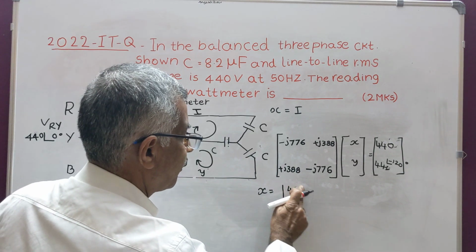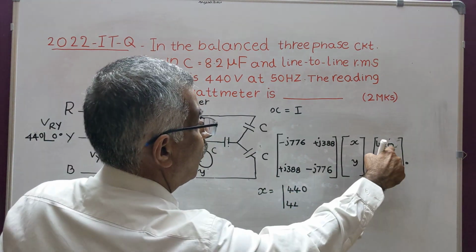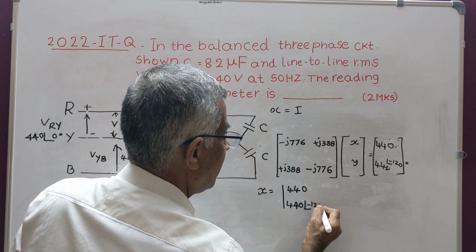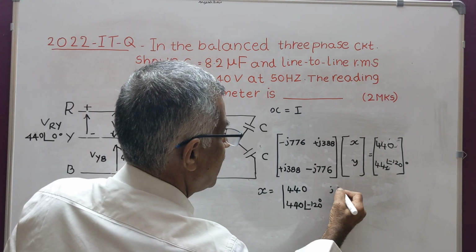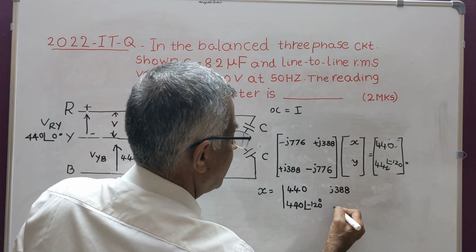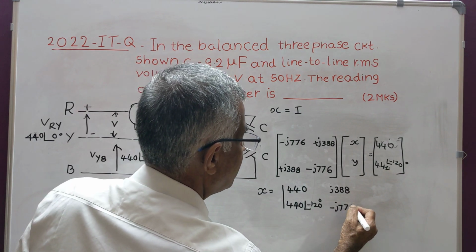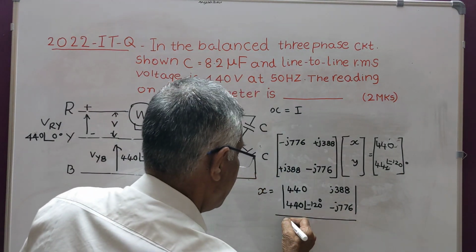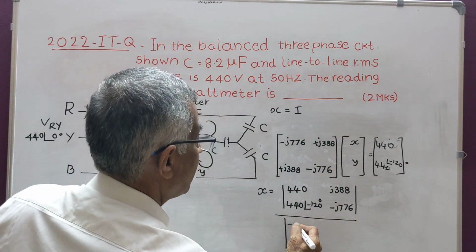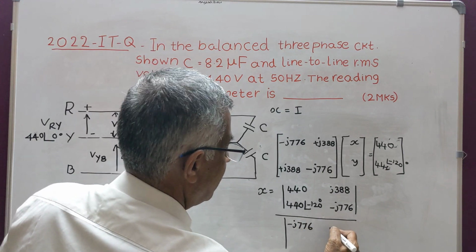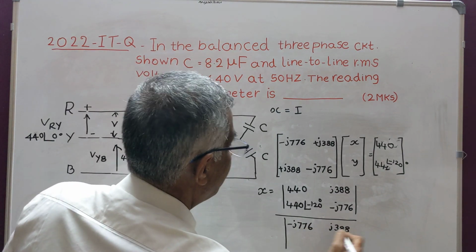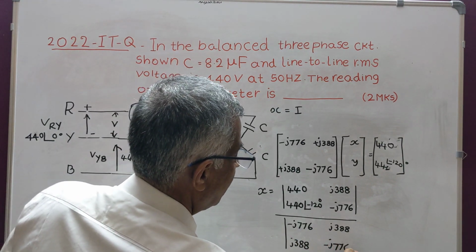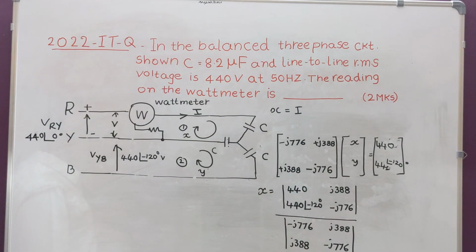So 440, 440. Next 440 angle minus 120. Then J388, minus J776, J776, divided by determinant delta: minus J776, J388, minus J776.